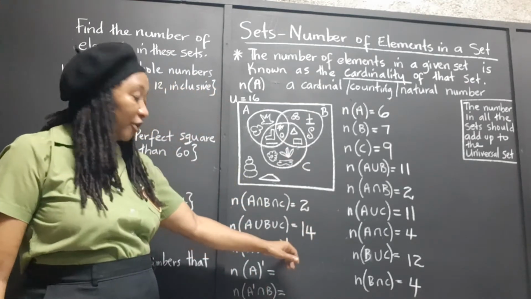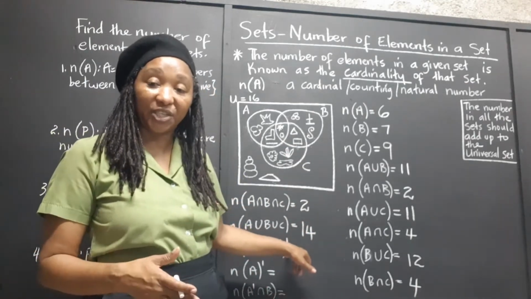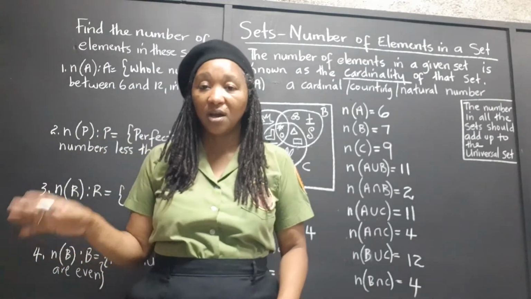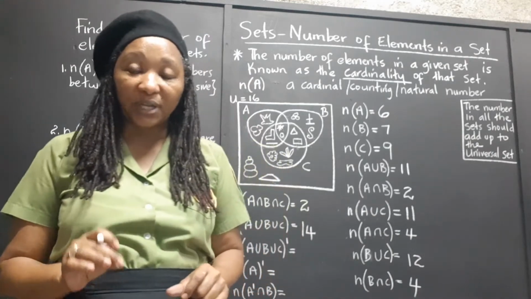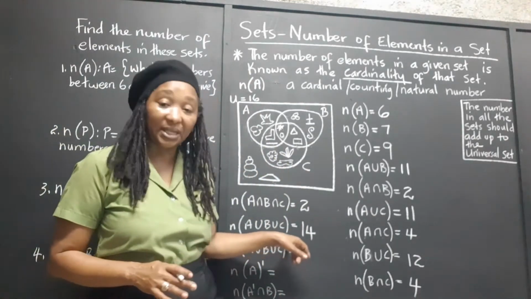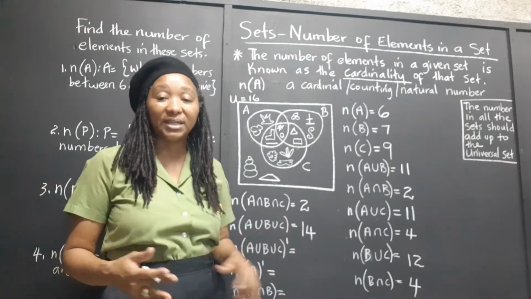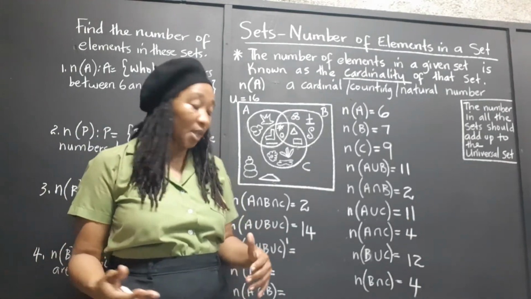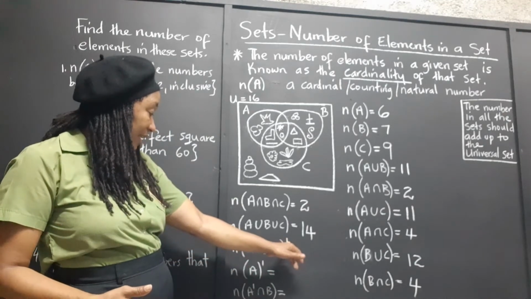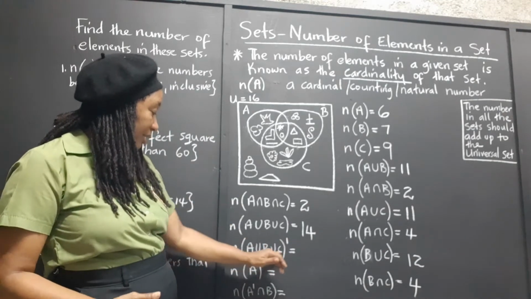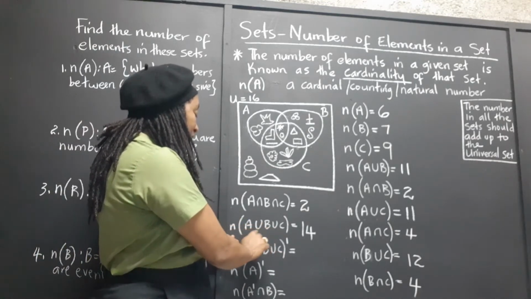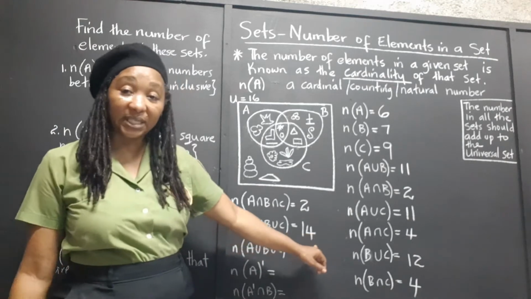Now, for those who are familiar with set notation, and as I said, if you are not, just check our video explaining the different symbols used in sets. This symbol here means the complement of, or what's not in. So the number of elements that are not in the union of A, B, or C. Remember, we already said the union of A, B, and C is 14.